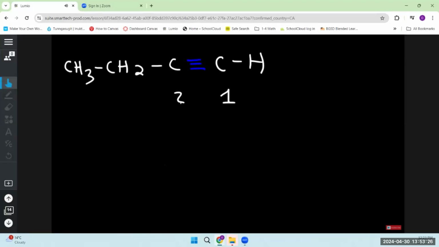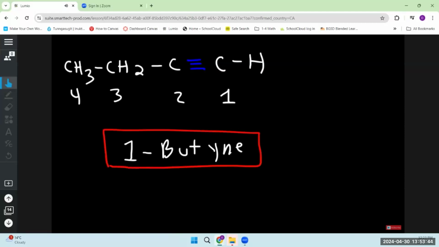So this is carbon 1, 2, 3, 4. So 4 is associated with butane, but instead of writing butane, we're going to write butyne. Now the triple bond is on carbon 1, so this is called 1-butyne.